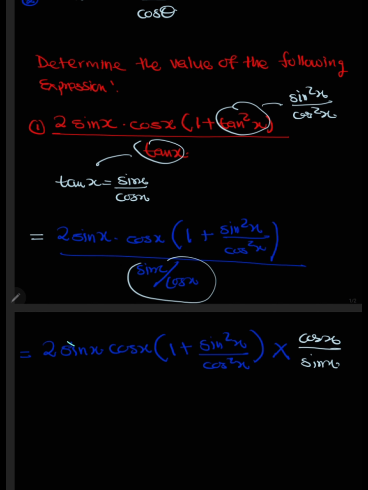We can say sine x divided by sine x, right? And then cos x multiplied by cos x. What do we get? We're going to get 2 cos squared x, open bracket, 1 plus sine squared x over cos squared x.